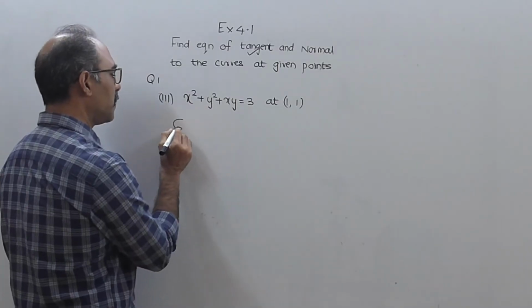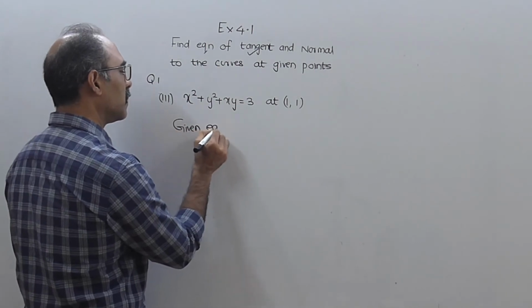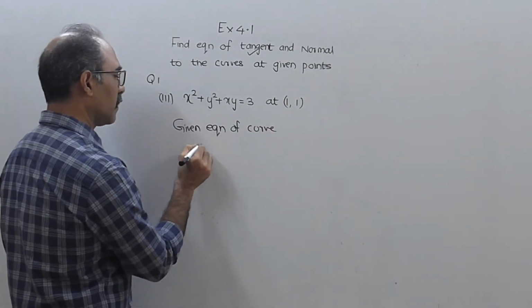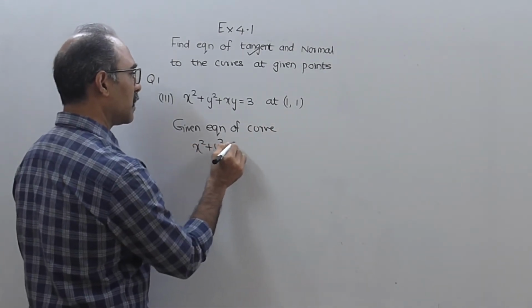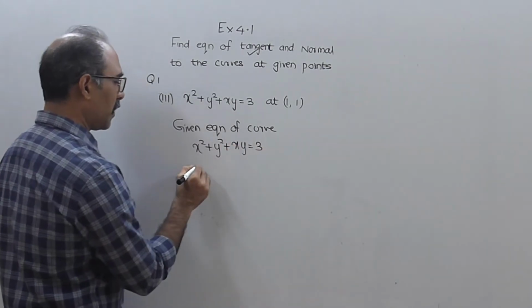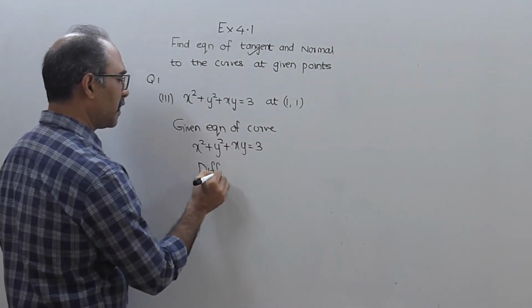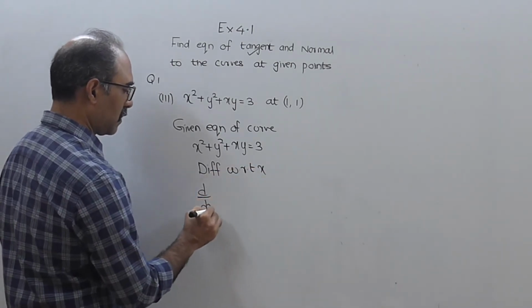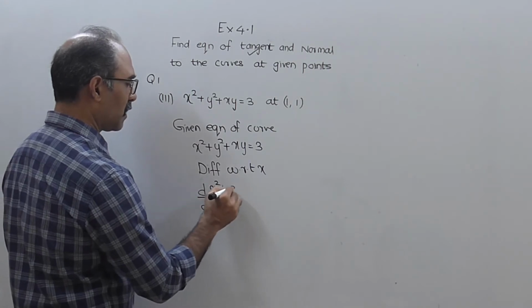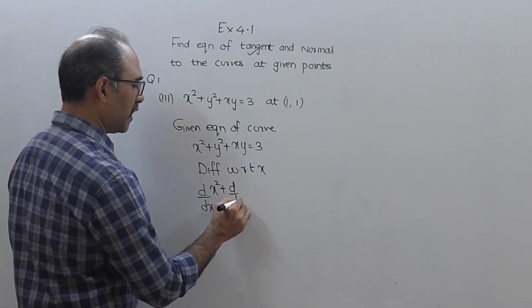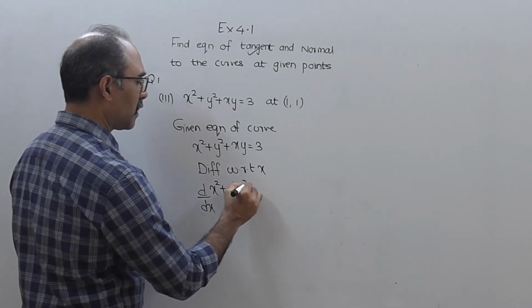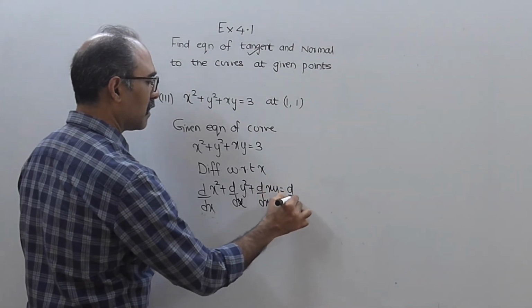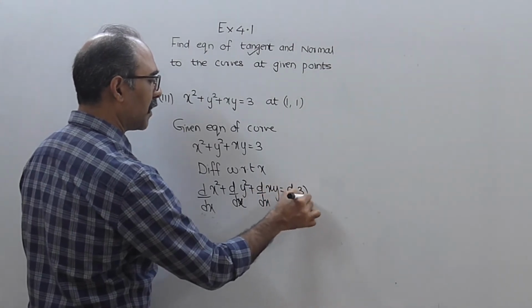Equation of the curve: x square plus y square plus xy equal to 3. So we have to differentiate with respect to x. d by dx of x square, d by dx of y square, d by dx of xy equal to d by dx of 3.